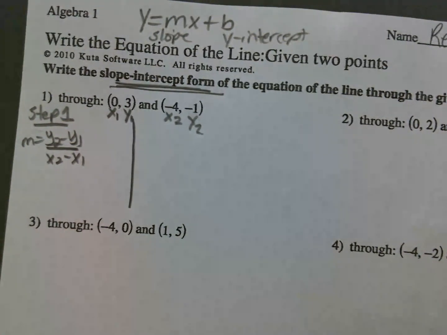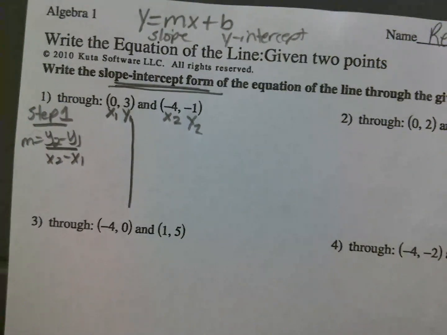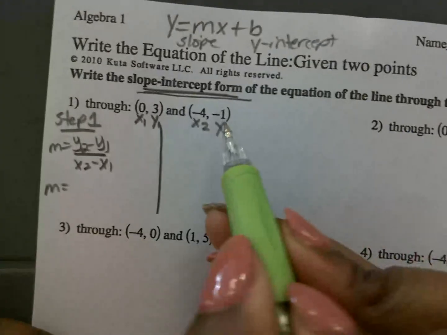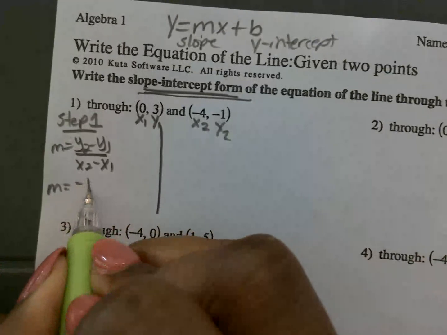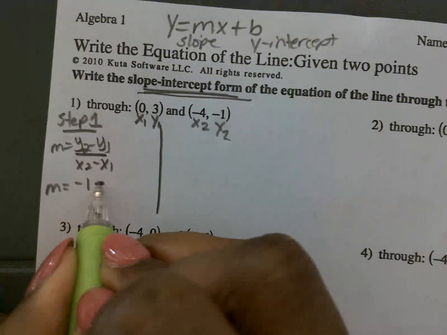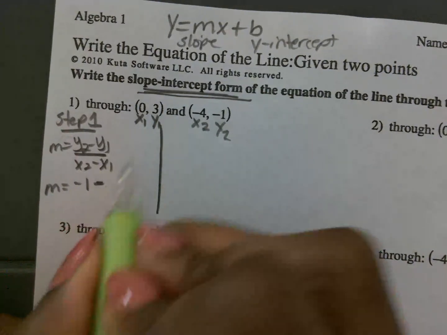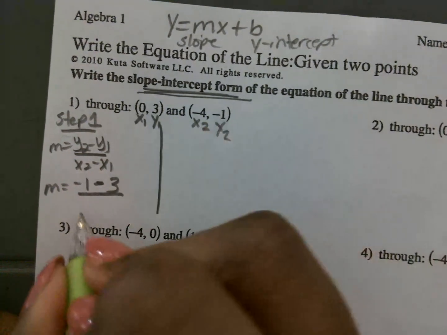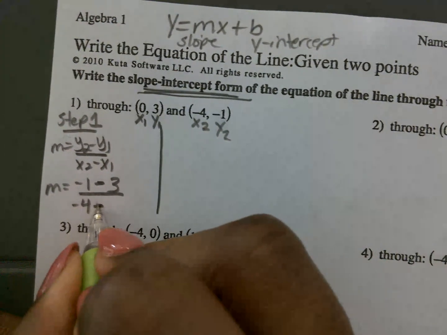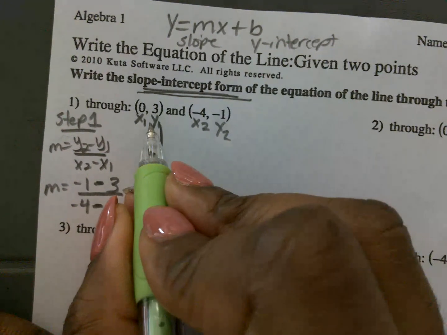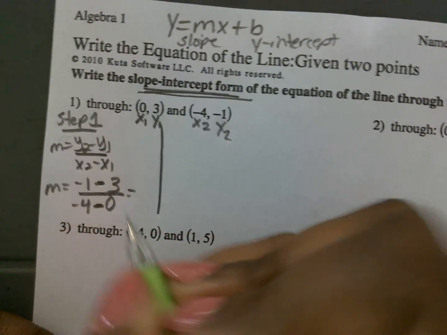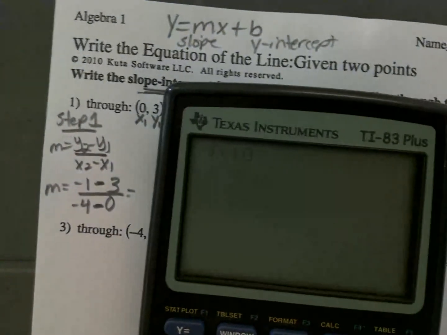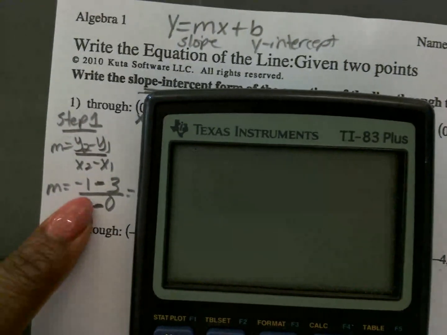After which, we're going to substitute those numbers, okay? And then simplify. So we got m is equal to, your y2 is -1. Minus is a part of the formula. Your y1 is 3. Your x2 is -4. Minus is a part of the formula. And your x1 is 0. Okay? Do not forget that if you have to type them in the calculator, you don't know it by heart, I'll show you again.